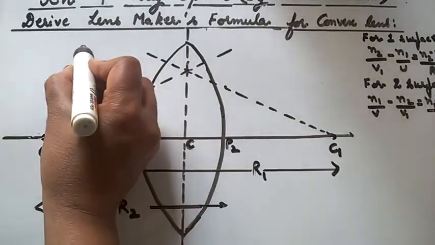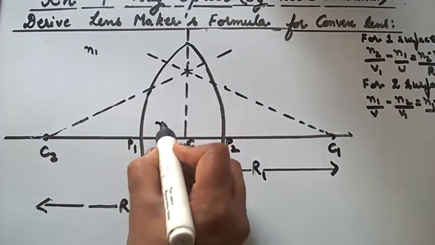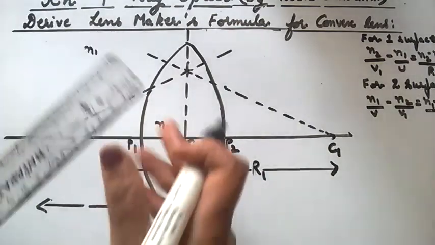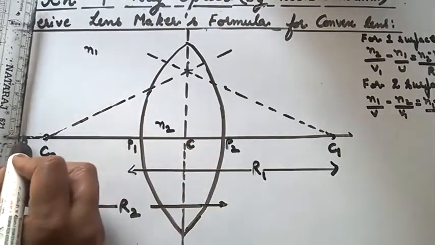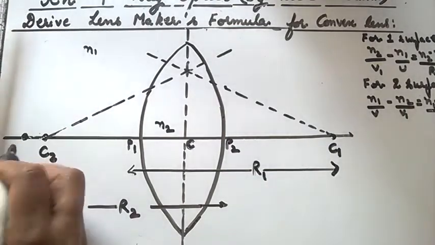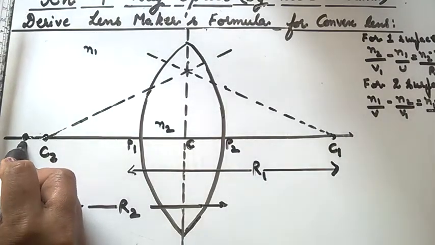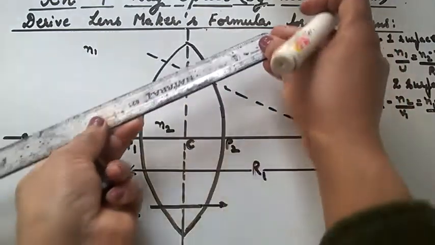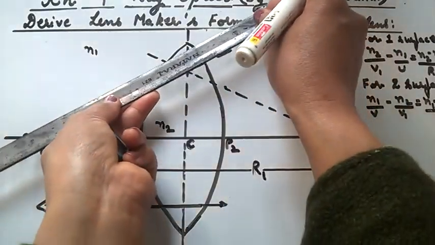Refractive index of the rarer medium is N1. Refractive index of the denser medium is N2. And when the object is placed in a rarer medium, the ray is incident from rarer to denser medium.